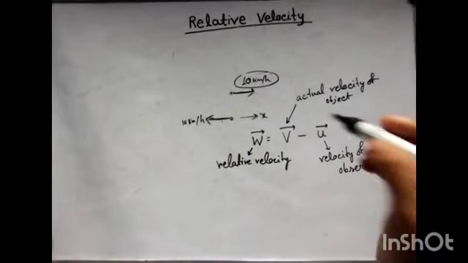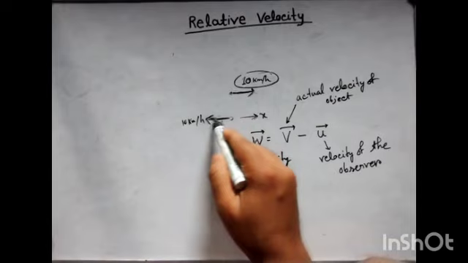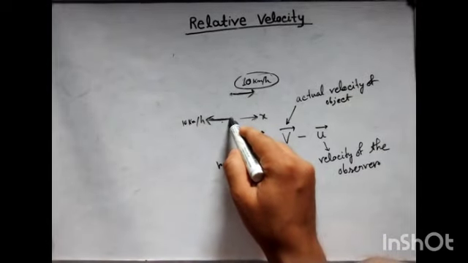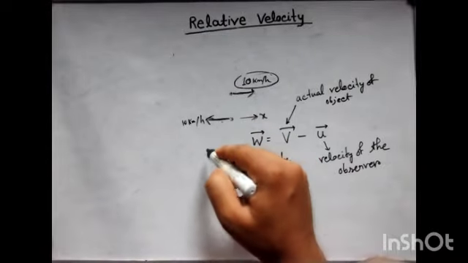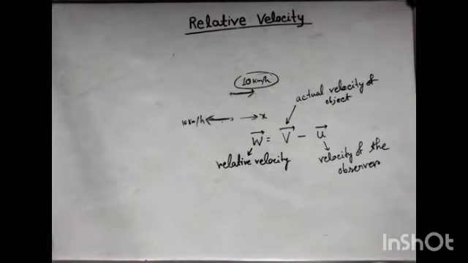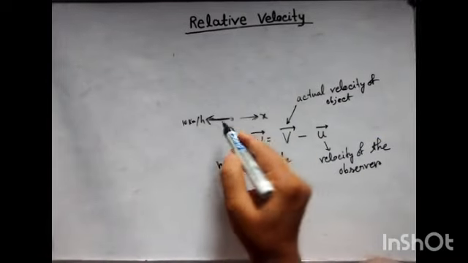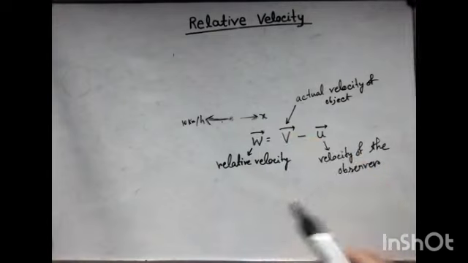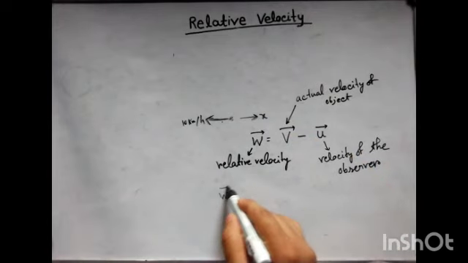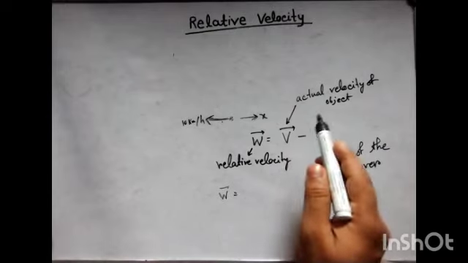Okay, suppose you are sitting in this train, what will be the relative velocity of you in your own eye? So that is w vector. V vector is the velocity of the object.